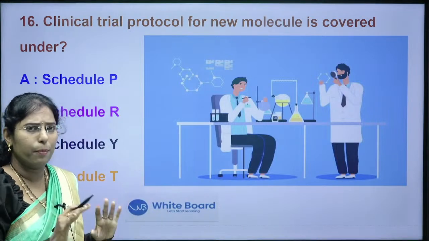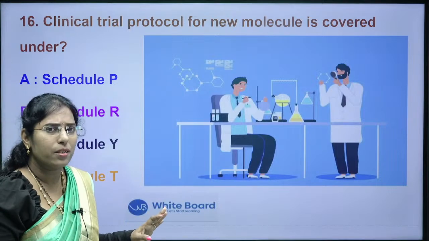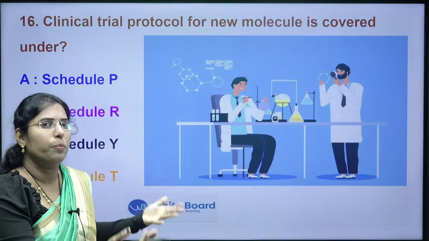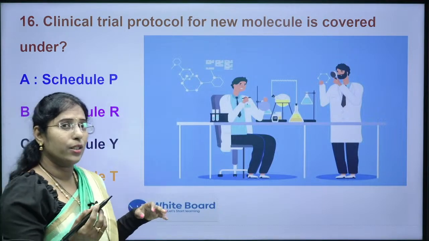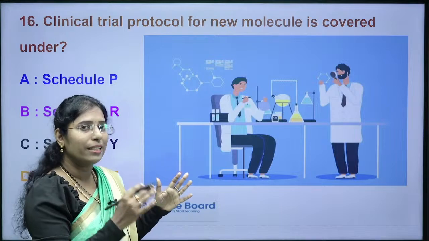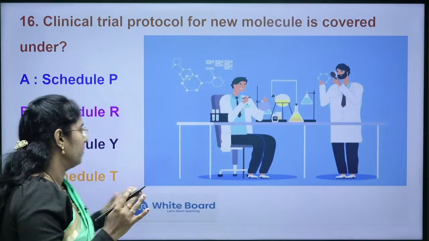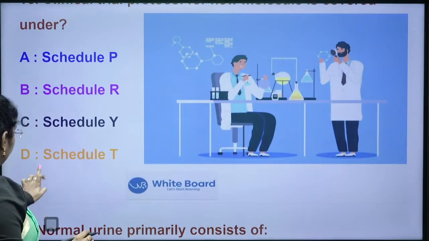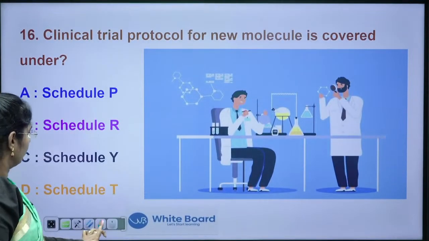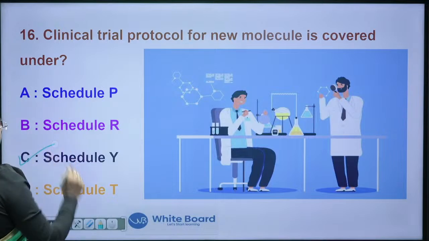Remember that one blindly. Because the clinical trials are not passed. It is related to the schedules, and it includes all the guidelines for clinical trials. Right, the correct option is Schedule Y.